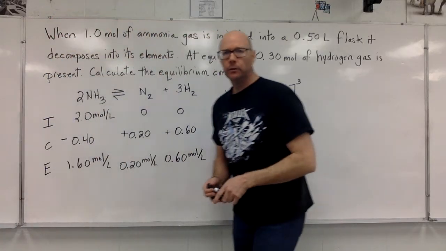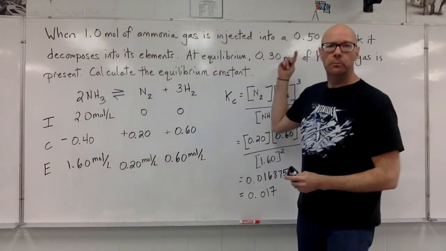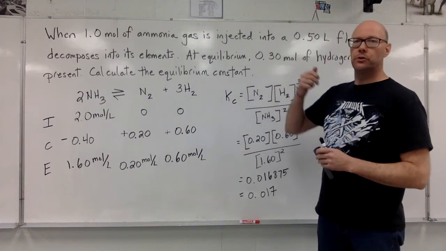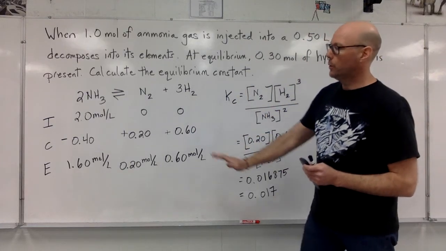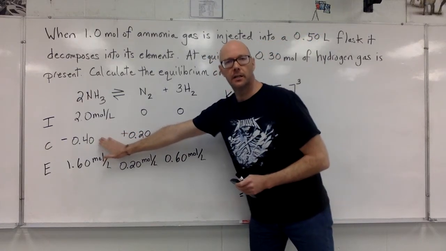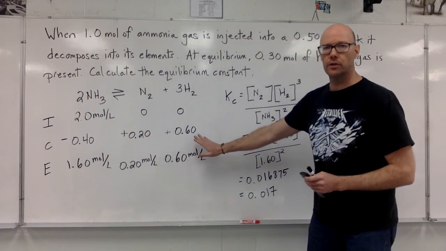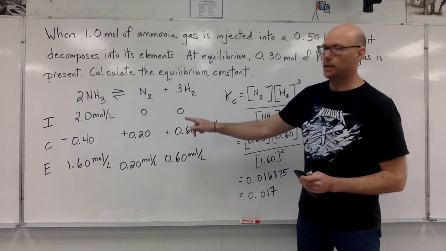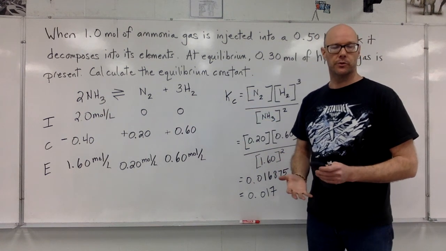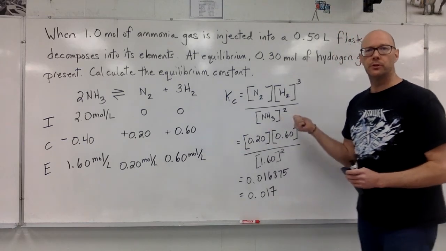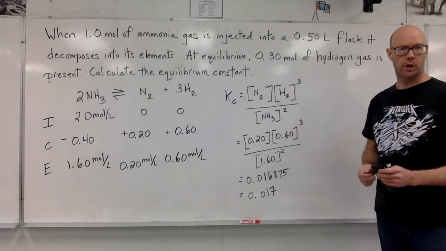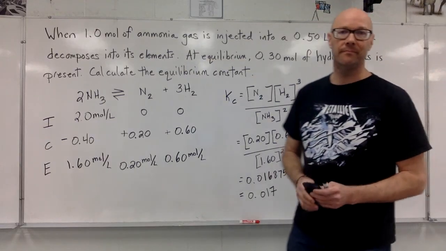We had to be careful to use the volume and the moles to determine the concentration, which we then put into our icebox. We have one side experiencing negative change, the other side positive change. The change here is proportional to the mole ratios. Once we have the equilibrium concentrations, we substitute them into the equilibrium law and solve. And I hope that helps.